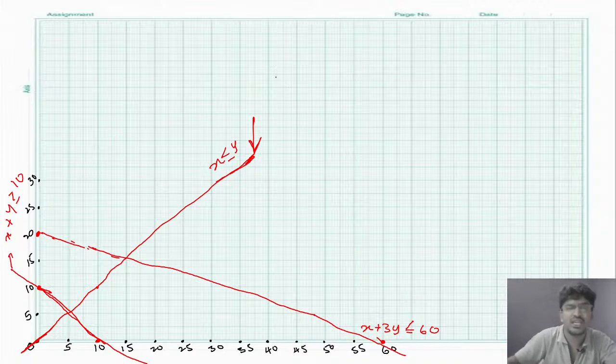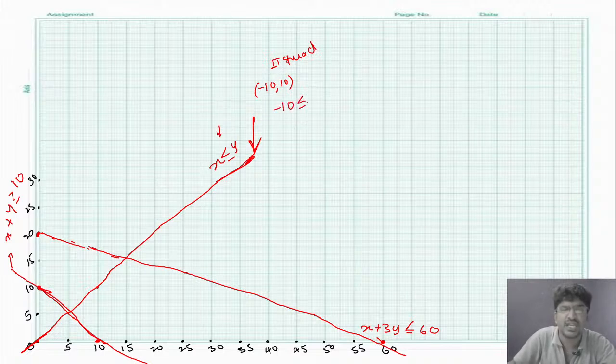So for this line, you choose the point minus 10 comma plus 10, that is in the second quadrant. You choose this point and put it in this equation. What will it be? X is minus 10 lesser than or equal to plus 10.